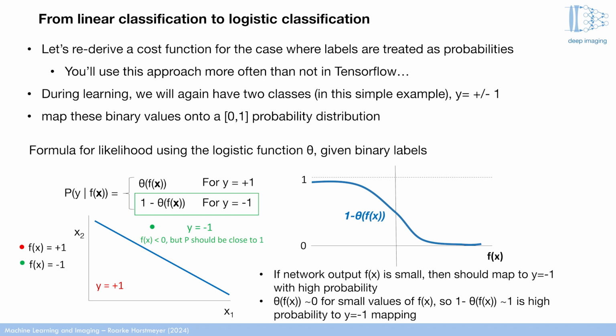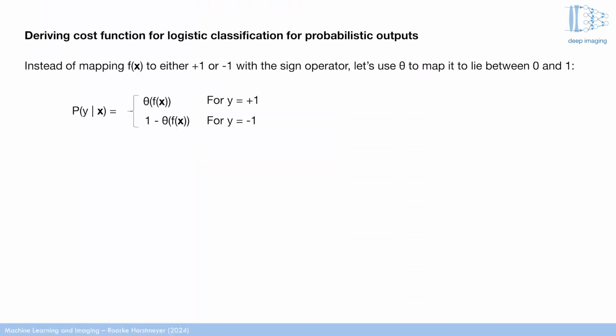Here, let's say the output's -3. That's great. It's the label -1. So we're going to say probabilistically, it's almost right. It's 95% sure it's right. And then if the output's large and the label is -1, well, that's bad. It didn't do a good job. So we're going to assign that a very low probability that it worked well. So we have a 2-case statement for how we need to assign probabilities depending on what the label is. Okay, and so we can make that even simpler.